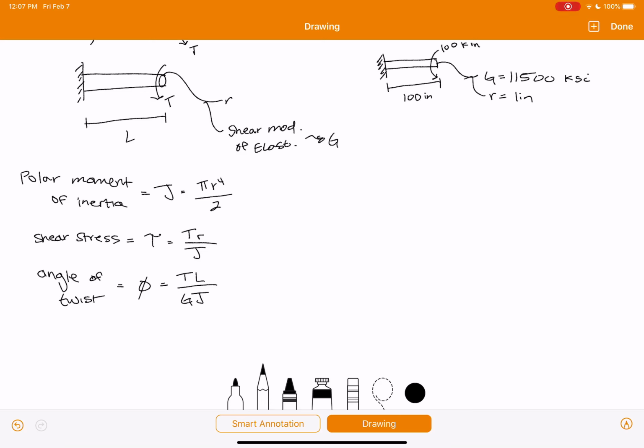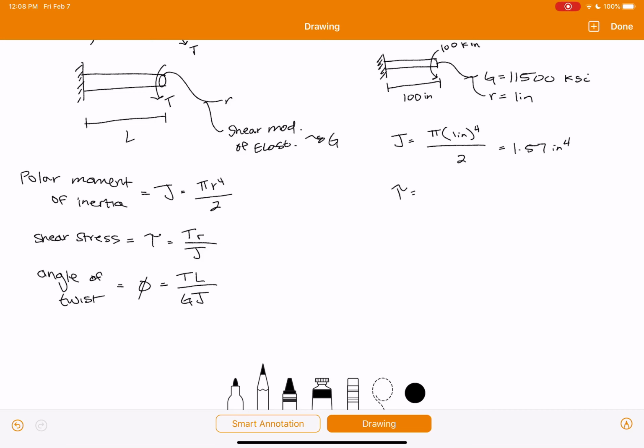All right, so again, we'll start with finding our polar moment of inertia. So we're just going to have pi times r to the 4th all over 2. So that's 1.57 inches to the 4th. Then we can go ahead and find our shear stress tau.